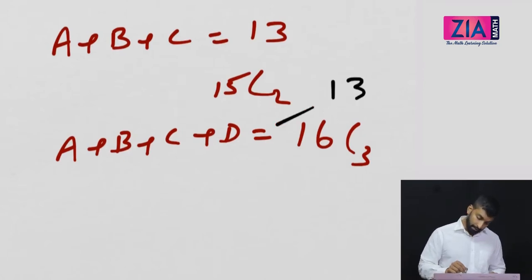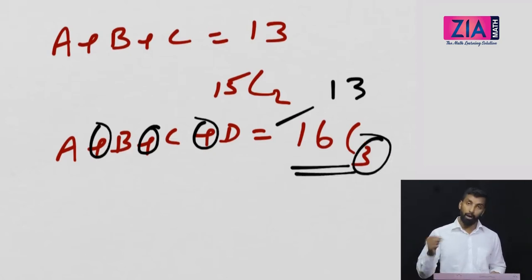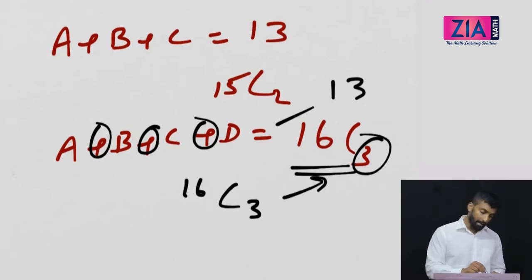So 13 plus the number of pluses, which is 3, and this is also 3, right? So 16C3. If you apply the formula, N plus R minus 1 becomes 16, because R there is 4, R minus 1 is 3, N is 13, so 13 plus 3 is 16, C R minus 1 is again 3, right? Both are actually the same. So rather than remembering the formula, keep it in mind in this way, right?